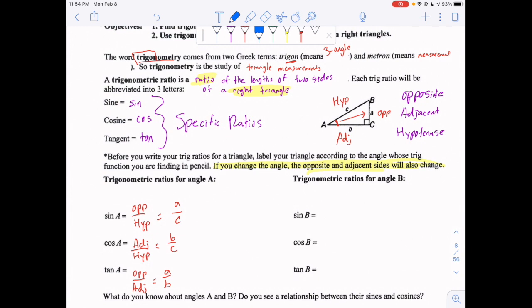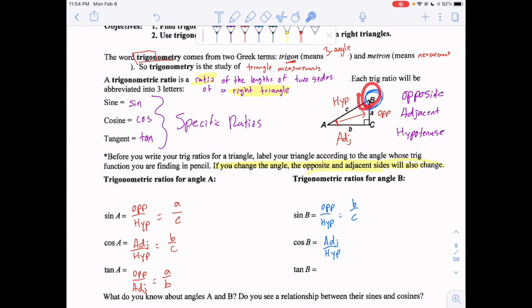So now, again, it depends on the angle. Let's say I switch it to angle B. So sine of angle B, the ratio is still the same, opposite over hypotenuse. But for angle B, the opposite is B over C. For cosine B, cosine is adjacent over hypotenuse. That never changes. The thing that changes is the angle.